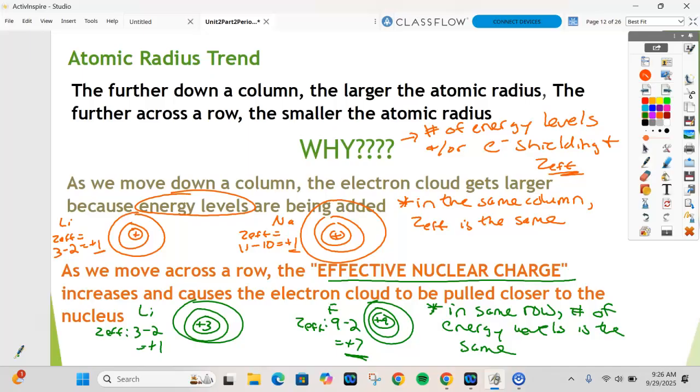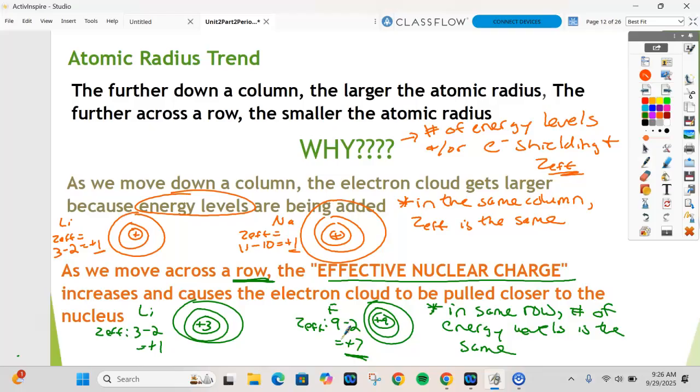So remember those 2 pieces that we have to look at when we're talking about how positives and negatives are attracted to each other. The size of the charges, which when they are in the same row, the size of the charge is different. So the electrons are going to be more attracted to the bigger effective nuclear charge.